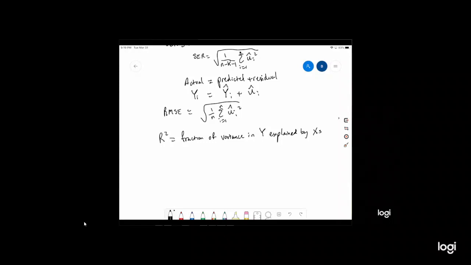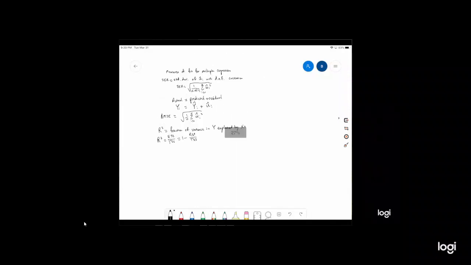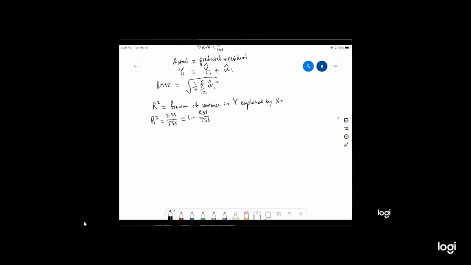So the r squared, same as before, it's explained sum of squares over the total sum of squares, or we had 1 minus the residual sum of squares over the total sum of squares, where the explained sum of squares is equal to the sum i equals 1 to n of y hat i minus y bar squared.